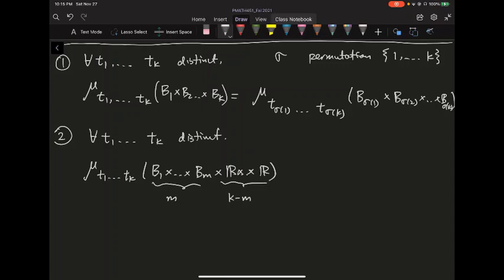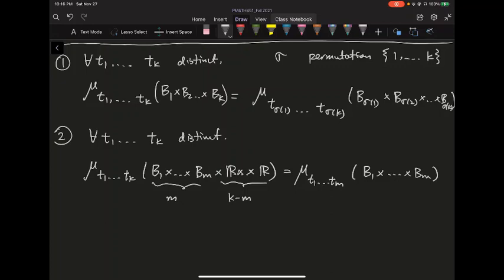Your probability should evaluate to 1 on each of these copies of R. So this probability only depends on B1 to Bm. In other words, if you only look at t1 up to tm and evaluate on this box B1 up to Bm, they should be the same.